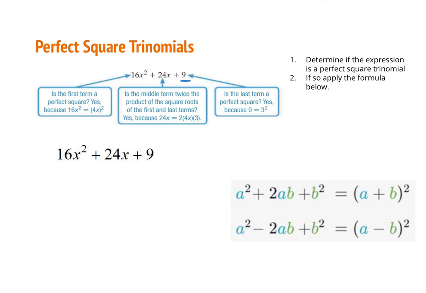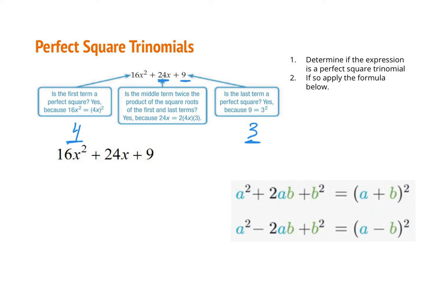So first, what is the square root of 16? 4. What is the square root of 9? 3. So when I multiply 4 times 3, I get 12. And then I multiply that by 2. I get 24. So because I said yes to all 3 of those questions, I could use the formula.